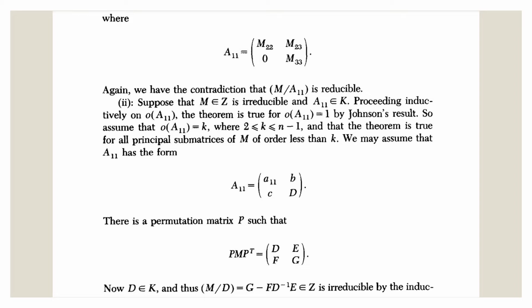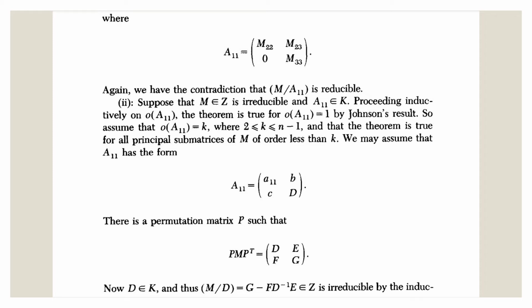Two. Suppose that M is in Z and is irreducible and A11 is in K. Proceeding inductively on the order of A11, the theorem is true for order of A11 equal to 1 by Johnson's result. So assume that the order of A11 is equal to k, where 2 is less than or equal to k is less than or equal to n minus 1, and that the theorem is true for all principal submatrices of M of order less than k.